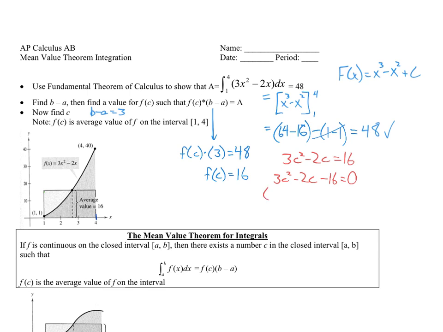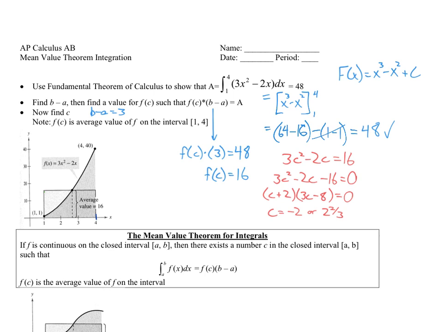Okay, this actually will factor if I do, let's say, a 3c and a c. I'm going to do a plus 2, and I'm going to do a minus 8. So I'll have negative 8c plus 6c, and that'll give me a minus 2c in the middle. Okay? So that means that c has to equal negative 2 or 8/3, which is 2 2/3.